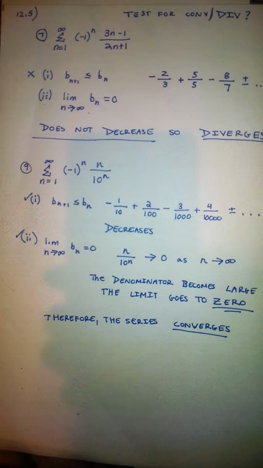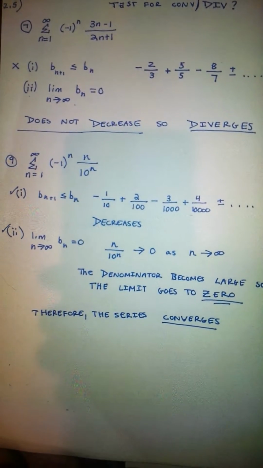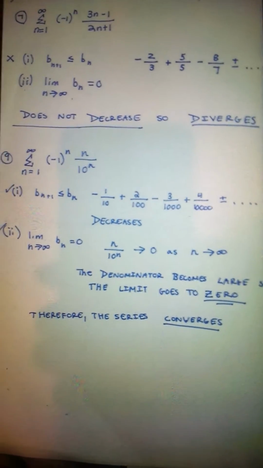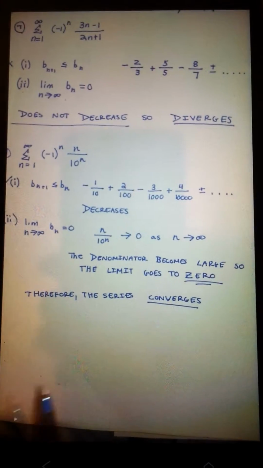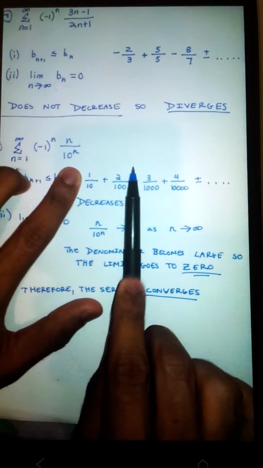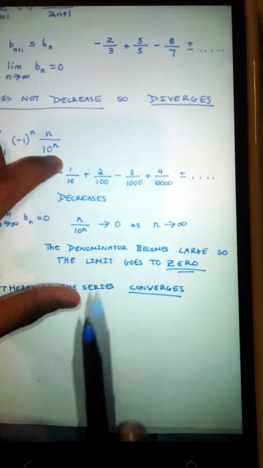And also note that whenever you look at b sub n plus 1, you're looking at the absolute values of each number. It doesn't matter if the numbers are negative or positive, but if you separate each one, you notice that 1 over 10 is greater than 2 over 100, which is greater than 3 over 1,000.